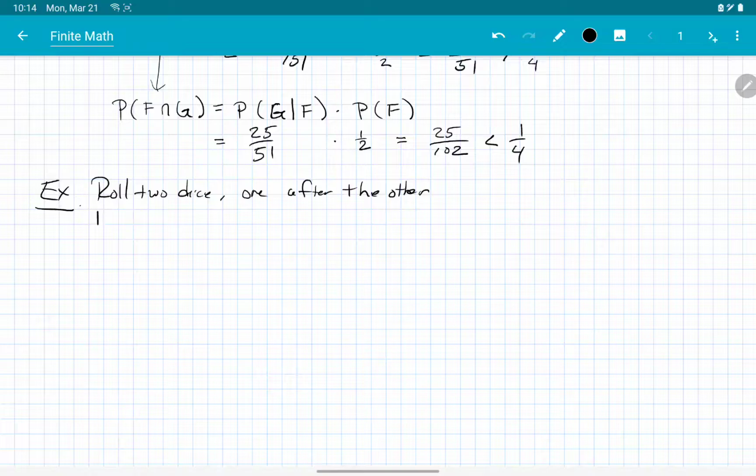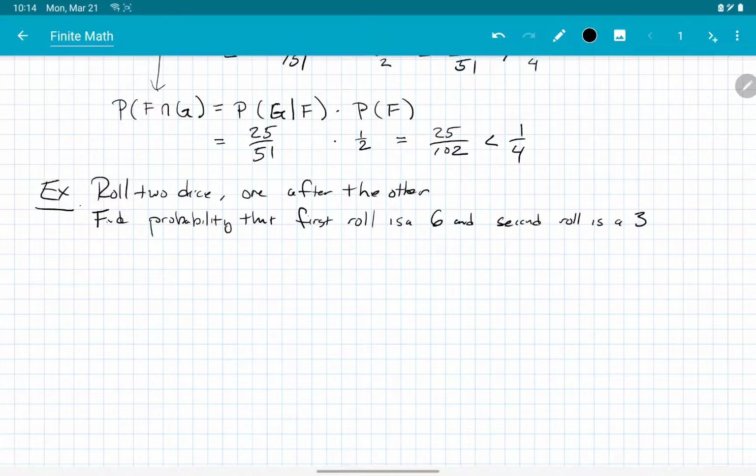And we want to find the probability that the first roll is a 6 and the second roll is a 3.